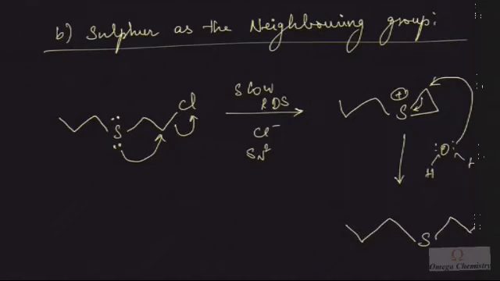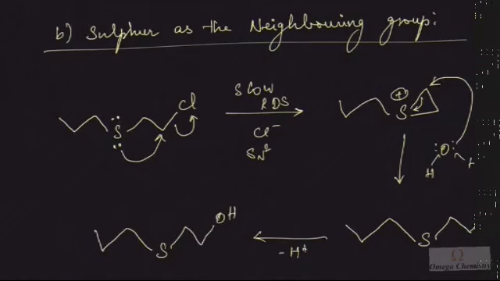OH2 will be attached, after this a hydrogen will be eliminated, H plus will be eliminated, so we will get this product. Fine. Here sulfur acts as the neighboring group, which will facilitate the elimination of chlorine and the substitution of this one. Again, the water attack is from the opposite side, and it is also an SN2 reaction. So two SN2 reactions will result in the retention of configuration.